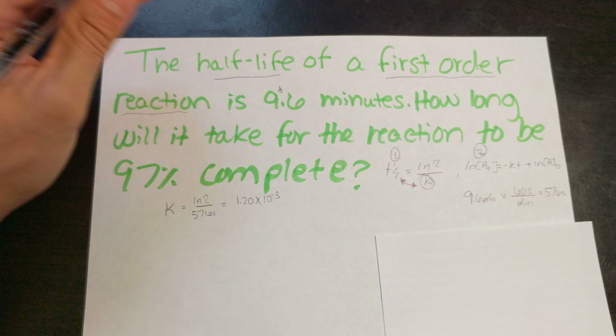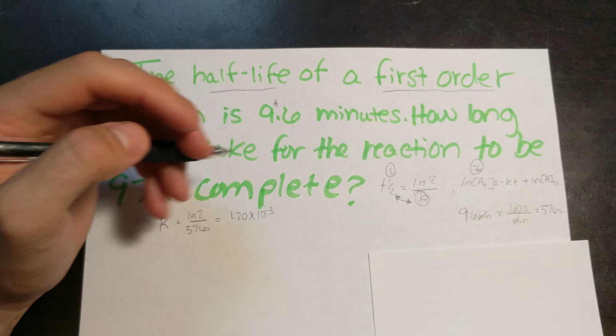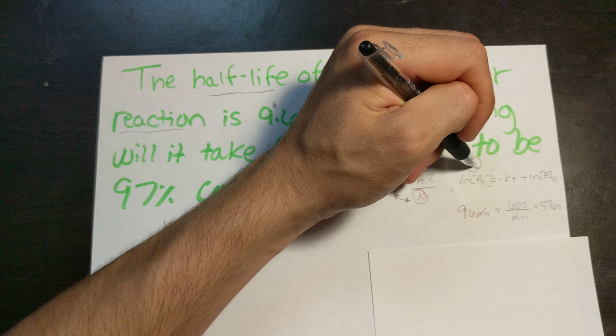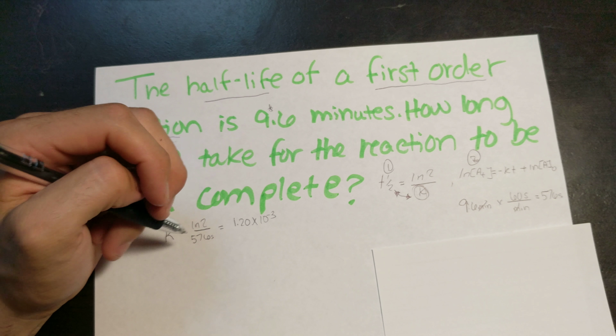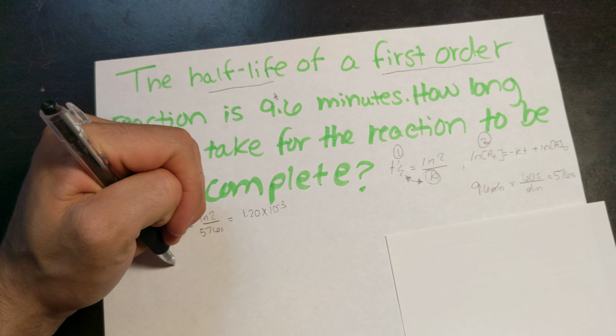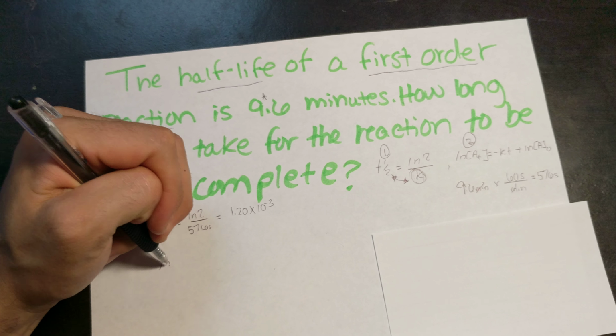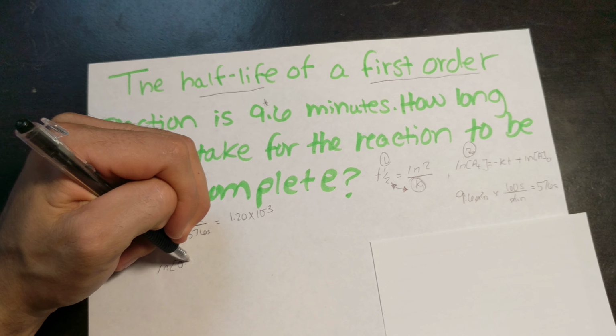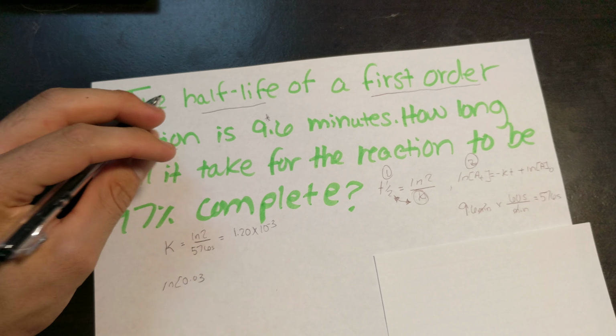Okay, so now that we have K, we can go back and use this formula, formula number 2. So we're going to do our natural log here of 0.03.